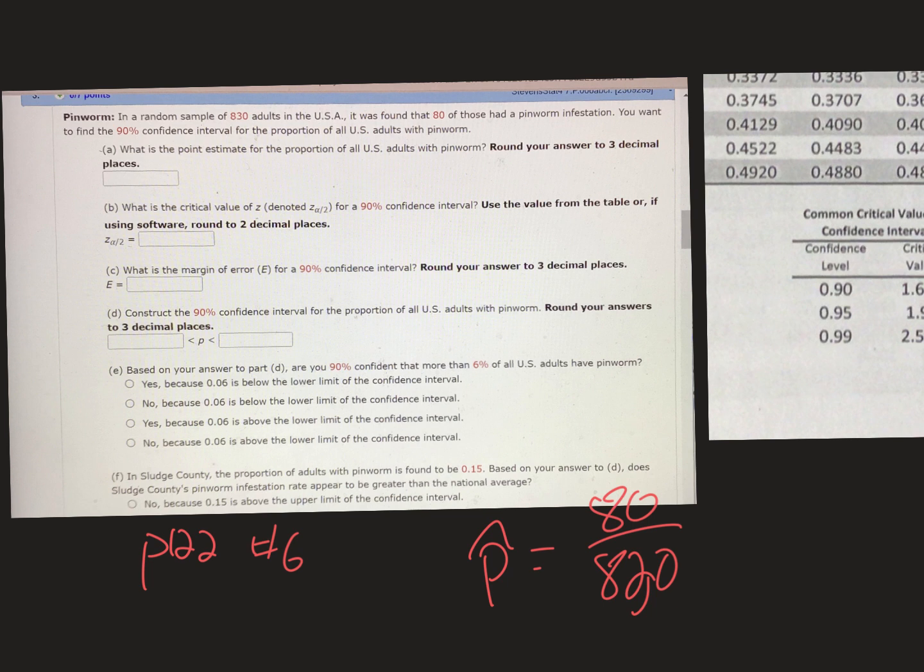So 80 divided by 830 is 0.096. I'll go with 4 decimal places. So that's my point estimate.